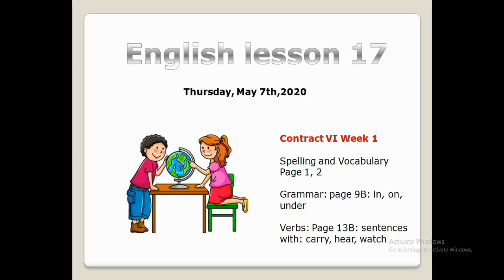When we have done these activities, we are going to go to page 9 in the exercise letter B, and we'll be practicing with these prepositions in, on, and under, okay?